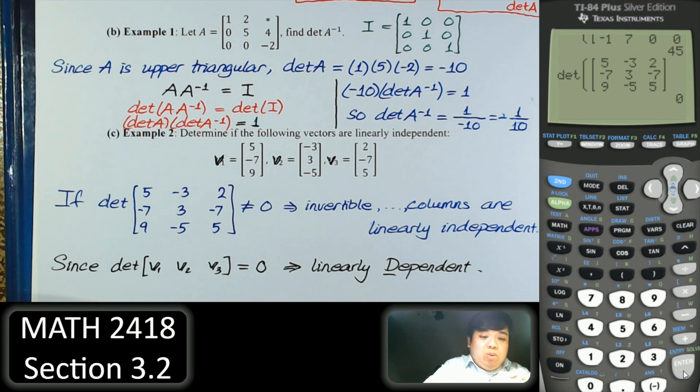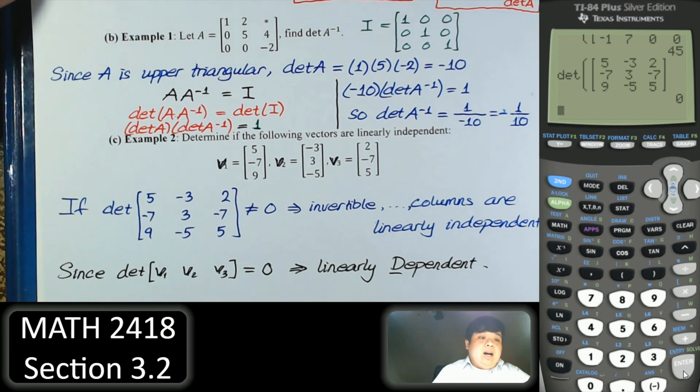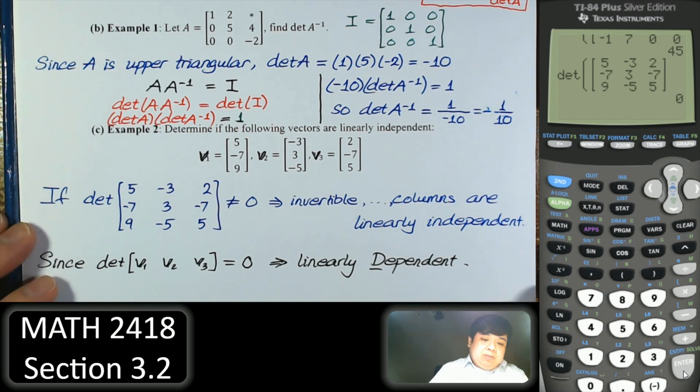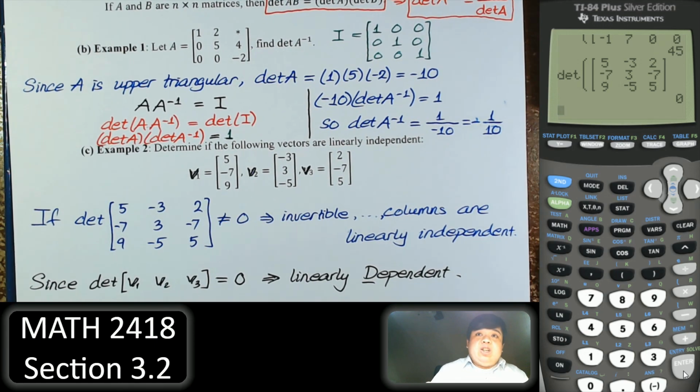But otherwise, we have to use the reduced echelon form, and of course that was already discussed in section 2.3. Right. But this is where we stop at the end of section 3.2.